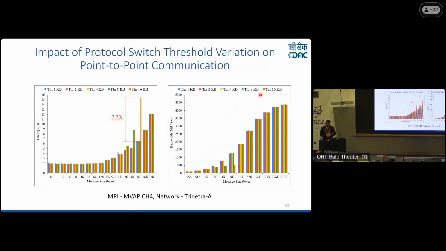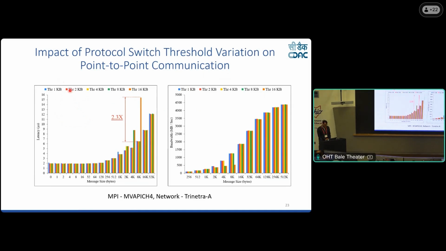In the previous slide, I talked about how different values of software packet size are affecting the bandwidth. Similarly, in this slide, you will see the second configurable parameter, which is the threshold for protocol switch. These are the two parameters which we have tweaked.